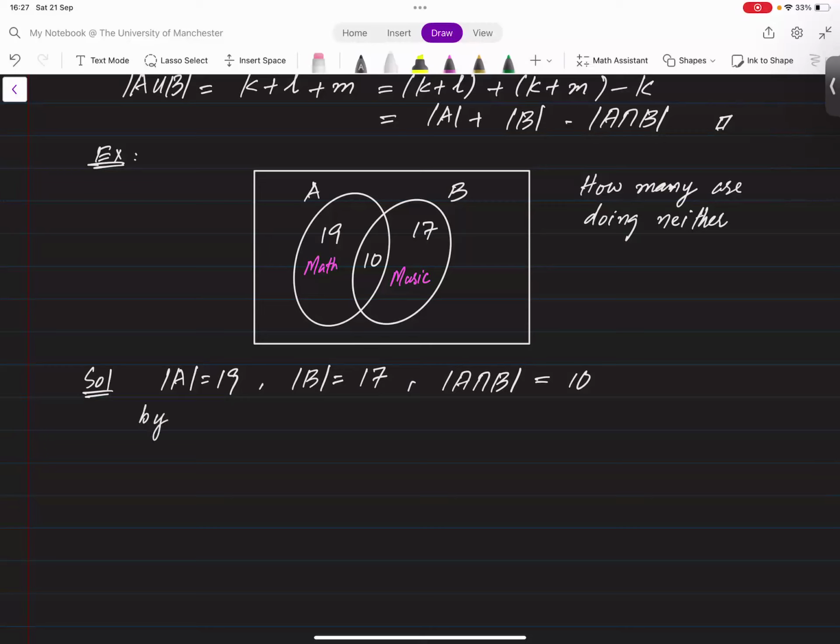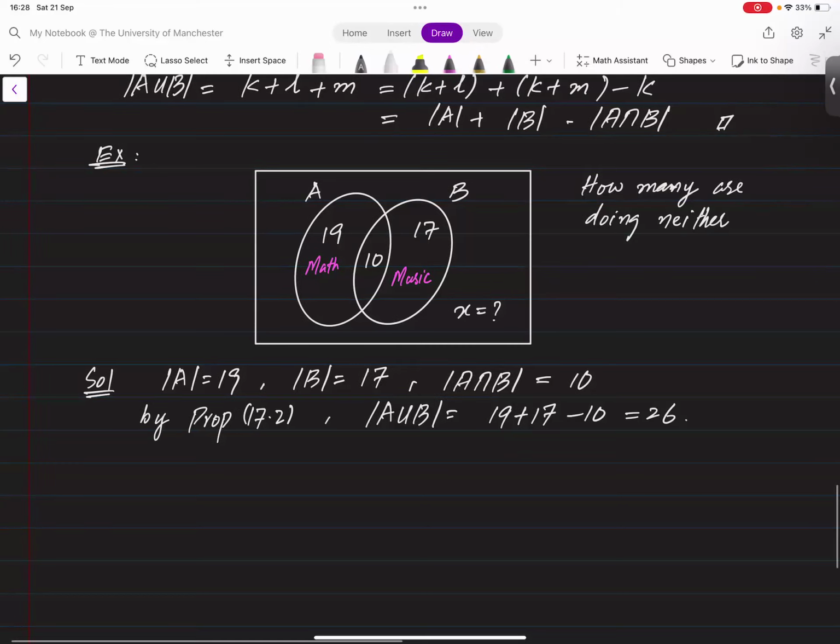Then by proposition 17.2, order of A union B is 19 plus 17 minus 10, and that is 26. Since there are 30, we need to find this x, right? So x is nothing but 30 minus 26, which is 4. So 4 are doing neither mathematics nor music.